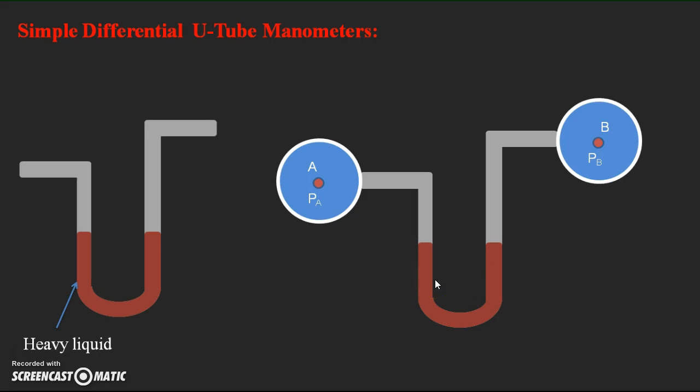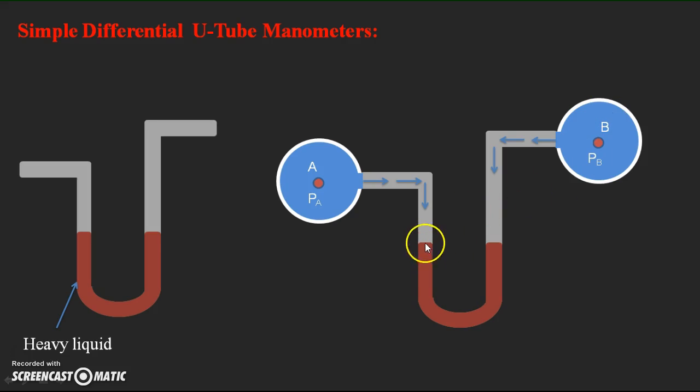When we connect, the liquids try to enter the left and right limbs. According to the pressure variation, in pipe A the pressure may be larger than in pipe B. Again I am assuming the pressure acting in pipe A is more than the pressure acting in pipe B.